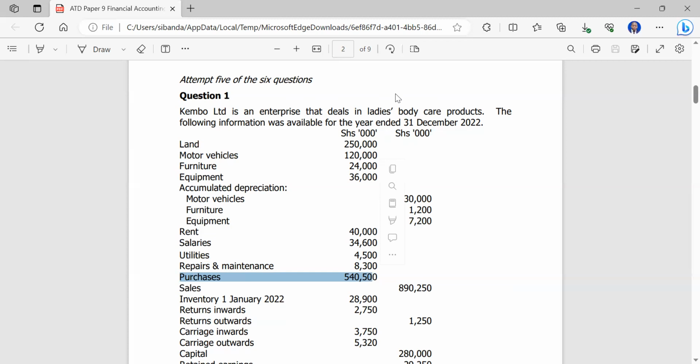Purchases involve buying of raw materials for use in production, but purchases could also involve buying goods for resale. Only those two cases. Sometimes the examiner wants to confuse students.